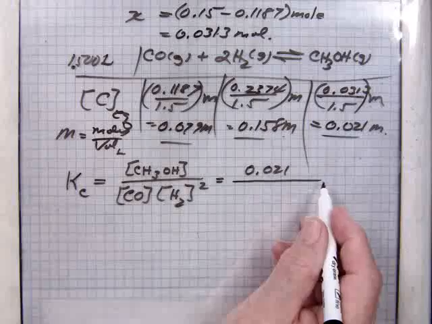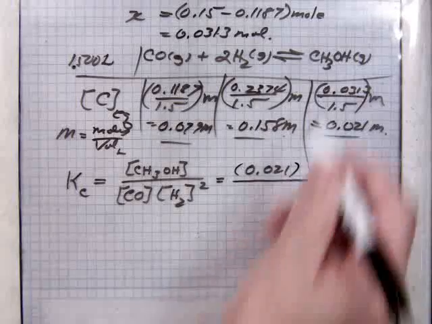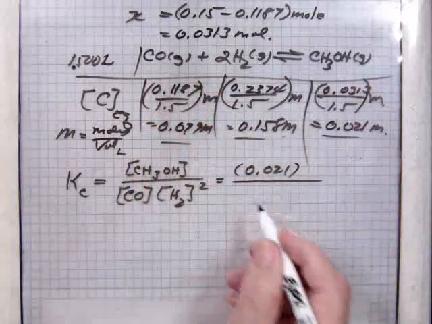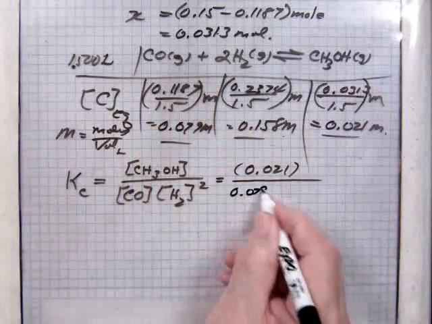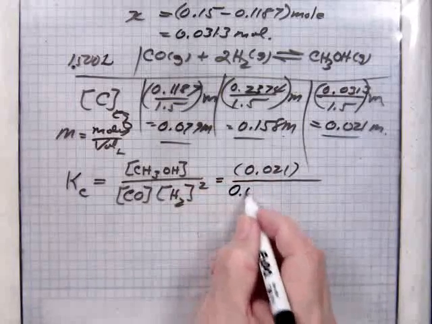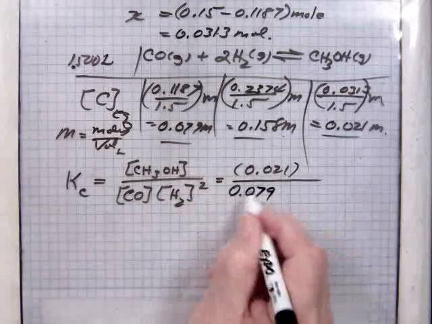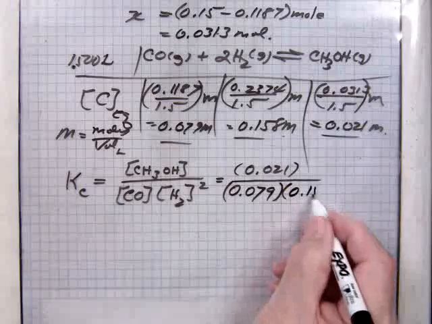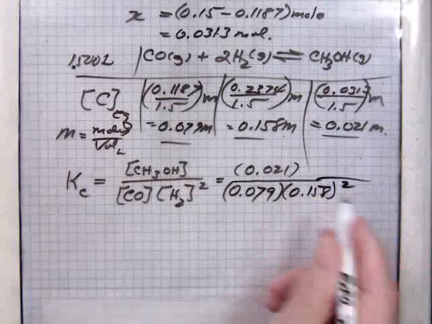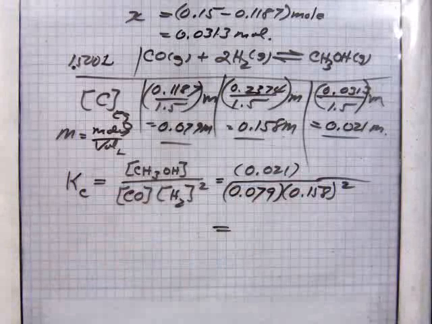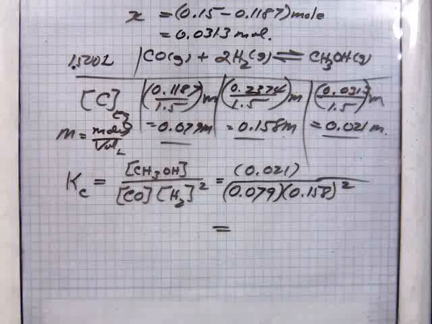So that would be to the first power divided by CO, which is 0.079 molar. Hydrogen is 0.158, and we need to square that. And when we complete that calculation, we have the K value.